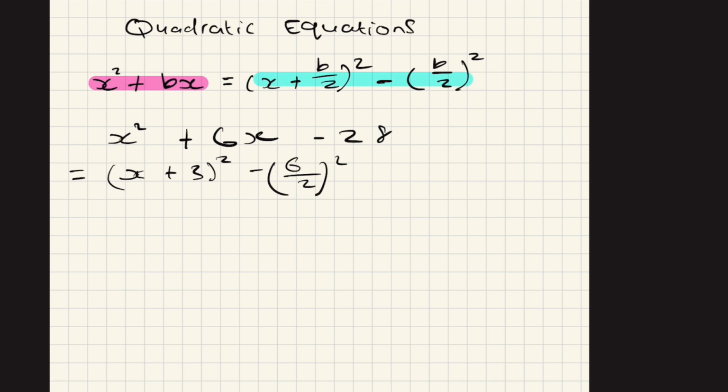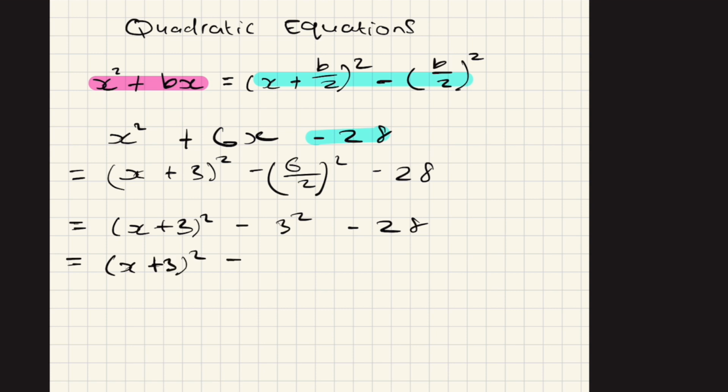But also don't forget, we also need to minus 28 as it's a part of the equation too. So now we get x plus 3 all squared minus 3 squared minus 28. Then we have x plus 3 all squared minus 9, because 3 squared is 9, and still minus 28.